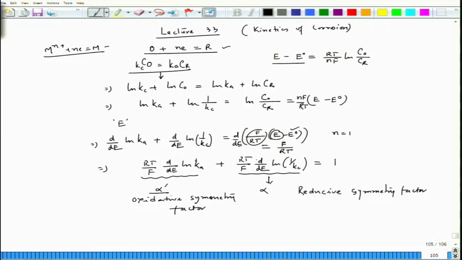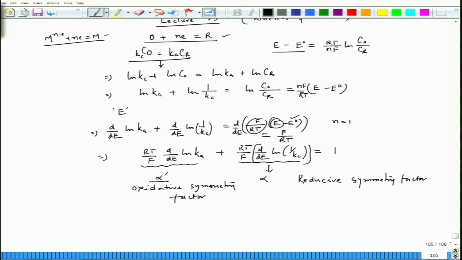Now, if I look at this quantity, this is nothing but the slope of 1 by K_C for a particular plot of K_C and E. So if we see this quantity only, RT, I am just considering d by dE ln 1 by K_C.